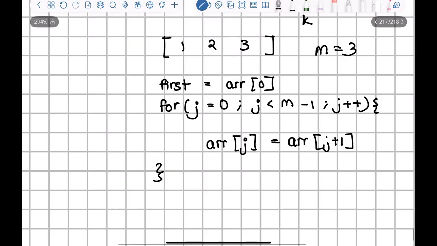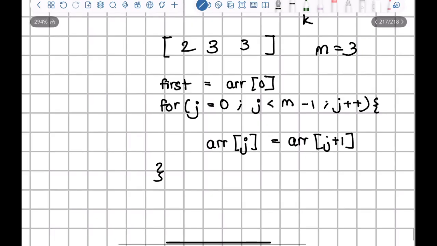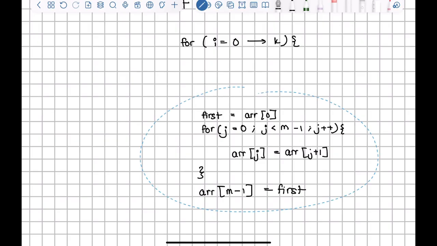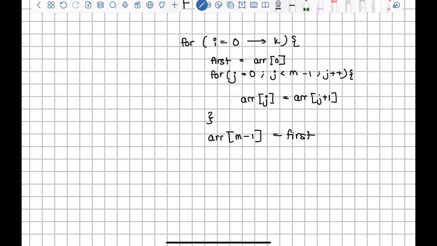So essentially my array now is nothing but 2 and 3, because it rotated. And after this is done, array at m minus 1 is nothing but first. What was my first? My first was 1. I saved it earlier. So this is how my array was rotated to the left once.